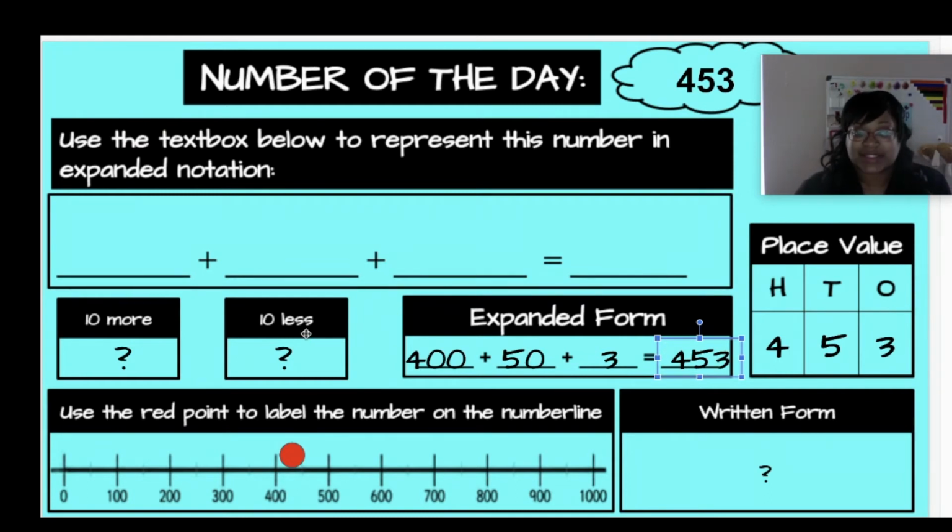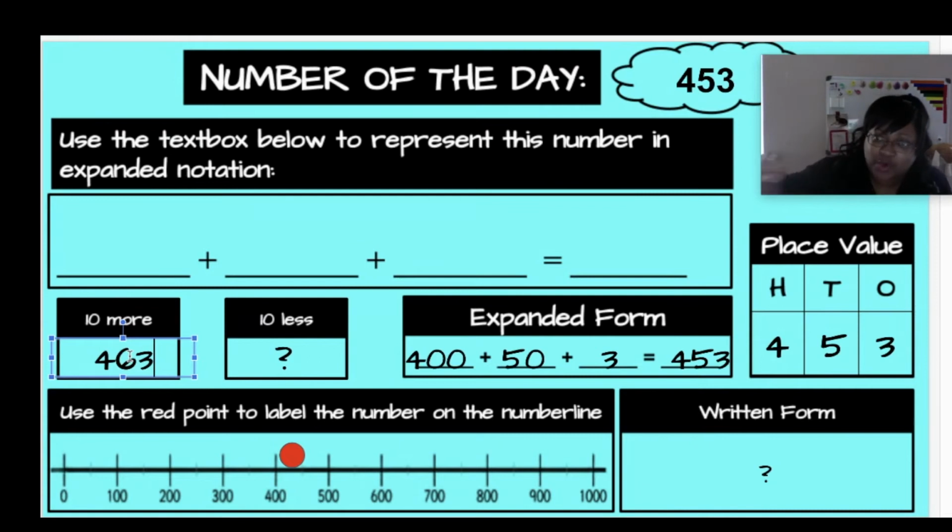Now, what we just said in the tens place was 50. If I do 10 more, I'm not going to have a 50, I'm going to have a 60. So it's going to be 400 plus 60 plus 3. So it's 463 when I add one group of 10.